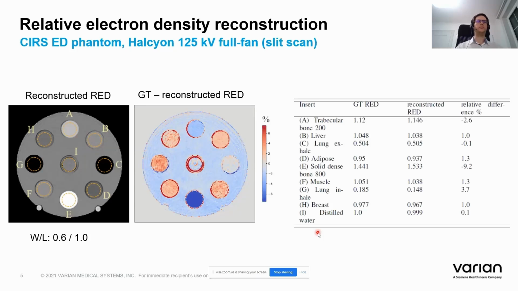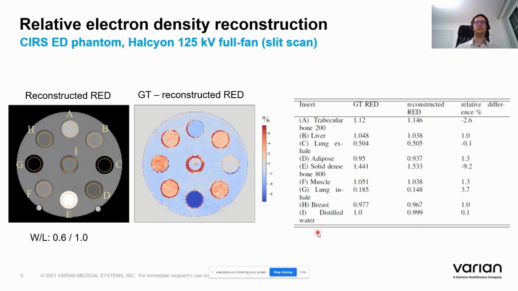We found that for most of the inserts, the relative error in the mean reconstructed relative electron density was below 3%. A recent study demonstrated that at this error level, there shouldn't be any noticeable difference in the calculated photon dose. In fact, some clinicians would even accept a relative error in the relative electron density of up to 6%.